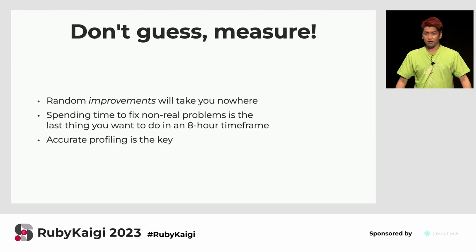Random improvements, you get a really slow, unusable network code. You just look around and there's so many things to improve. Making random improvements is okay, but those won't really take you anywhere. Spending time to fix non-real problems is the last thing you want to do in an 8-hour time frame. So accurate profiling is the key.